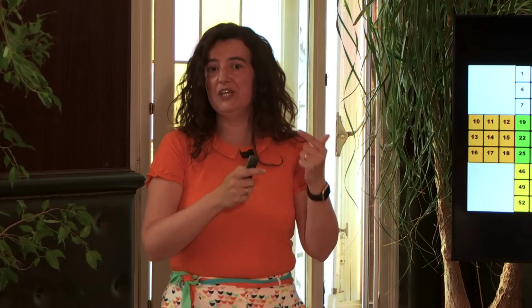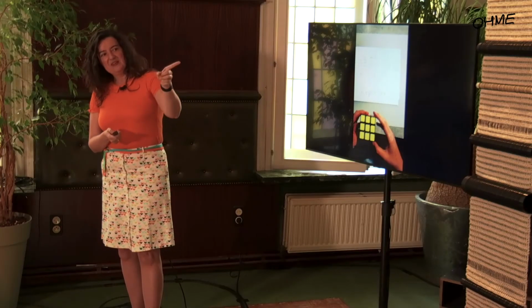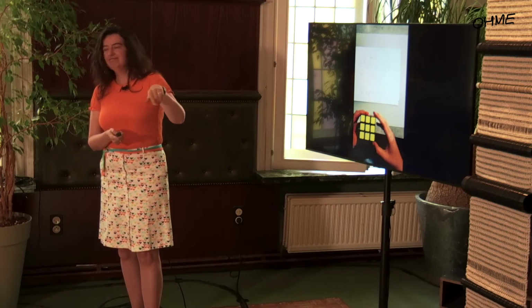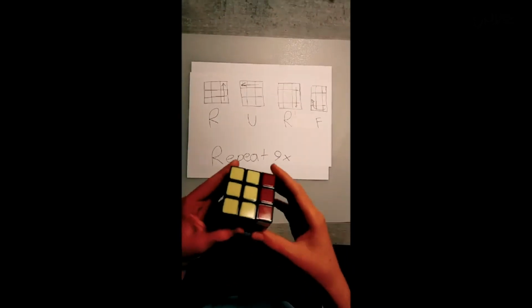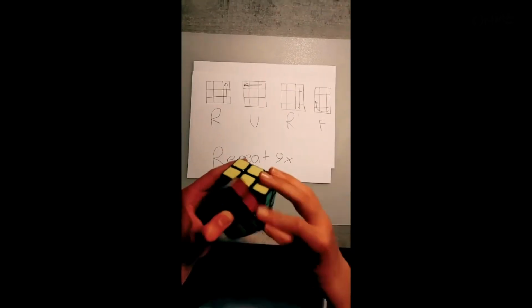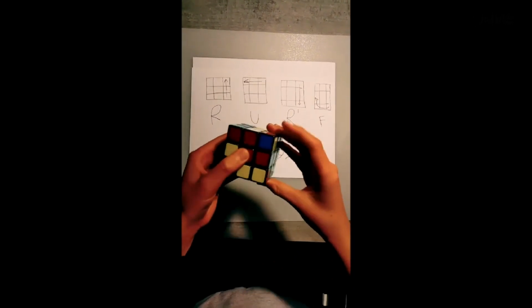But there are also combinations that you can do. For example, if you do this, in Rubik's language, we say turn right, turn the upside, and prime means counterclockwise, turn right, and then front. If we do this 9 times, it will look scrambled along the way, but it will turn back to the 0 state.